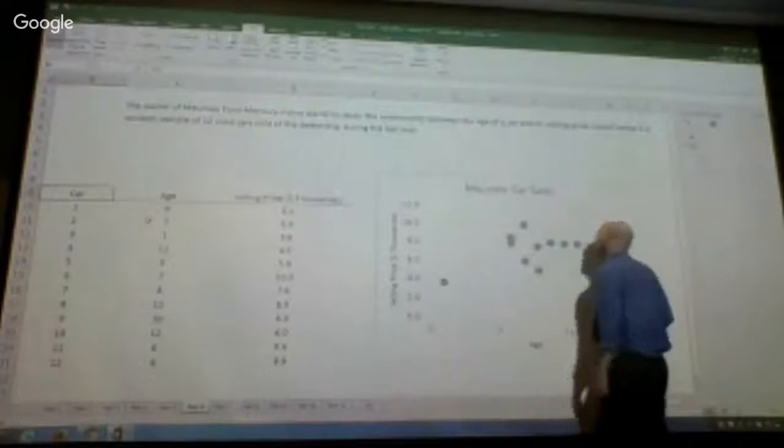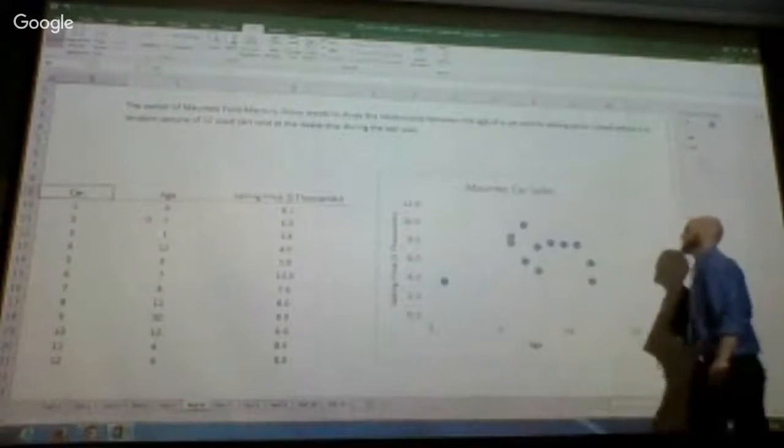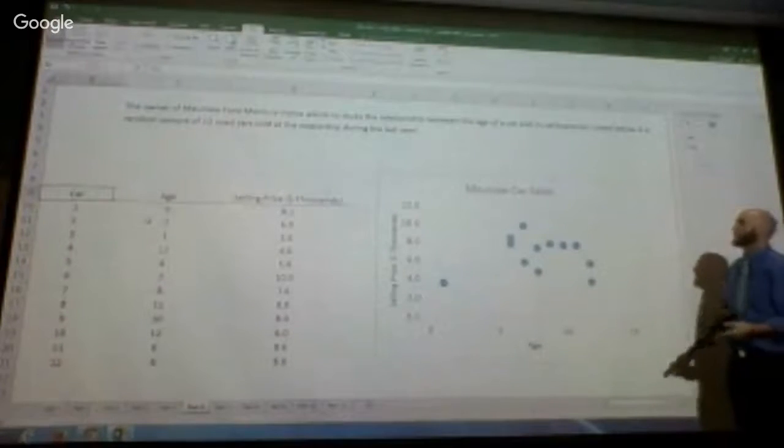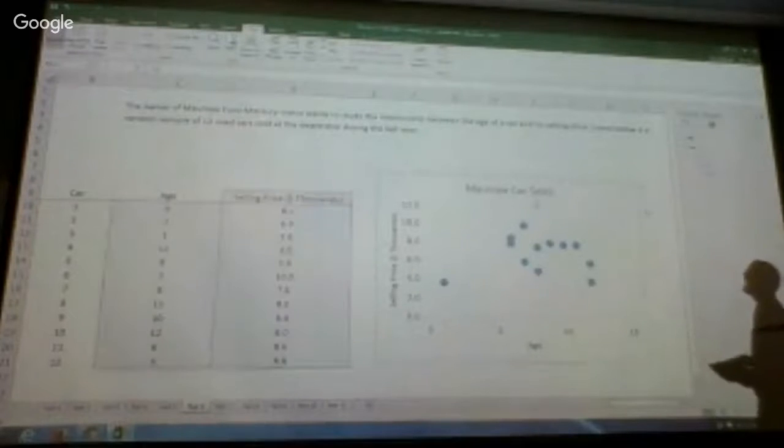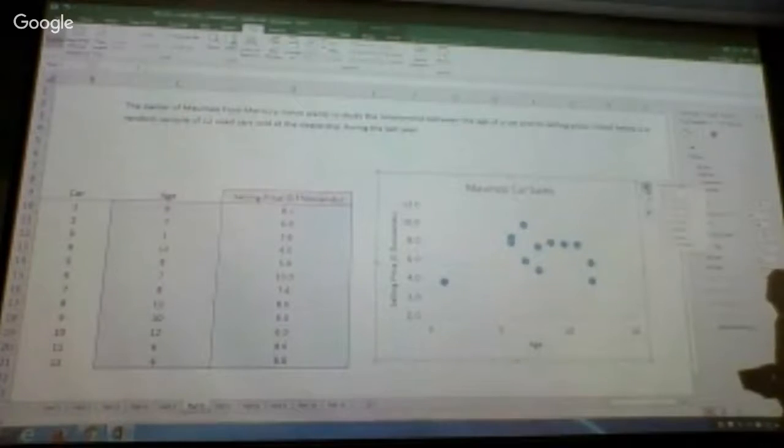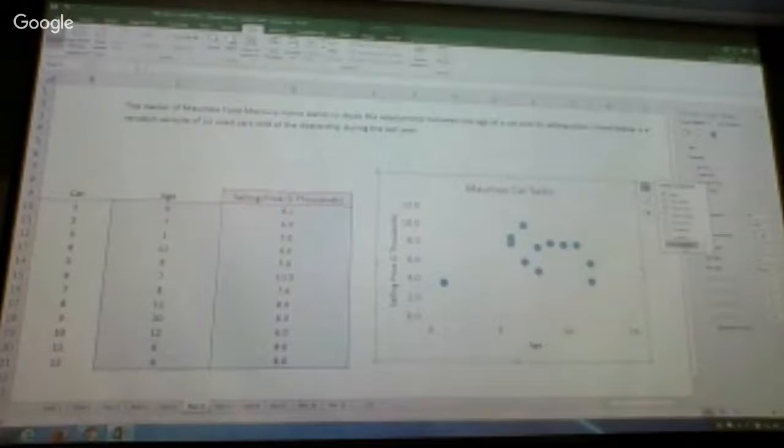If we ignore that one, this just looks like garbage. So Excel, do your thing. Give me a trend line if you don't mind. And that trend line looks flat.